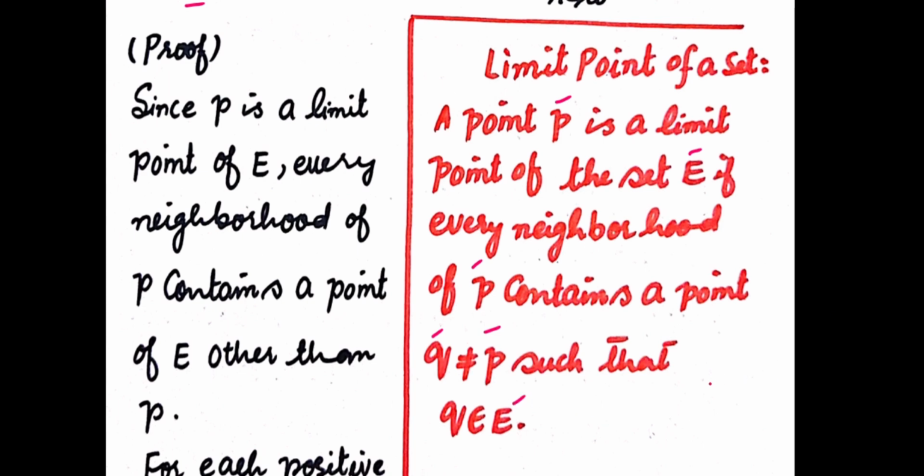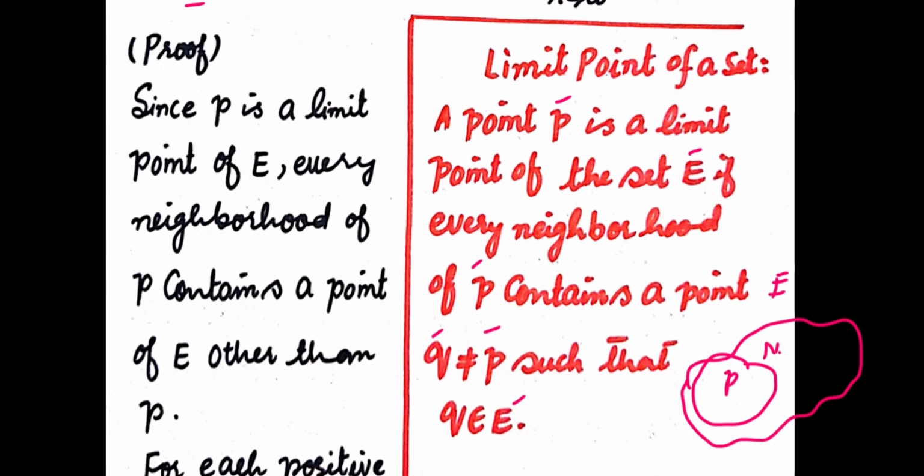For example, suppose this is my set E. P is called a limit point of E if every neighborhood of P contains a point of E other than P. Suppose this is my first neighborhood, denoted by N1, and it contains P. Then N1 must contain a point of E other than P. Suppose there is another point Q here, which is also a point of E and belongs to N1.